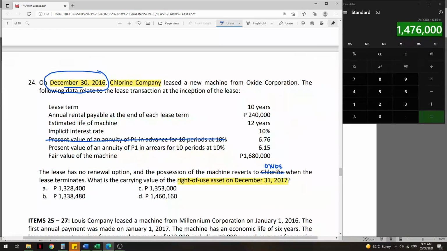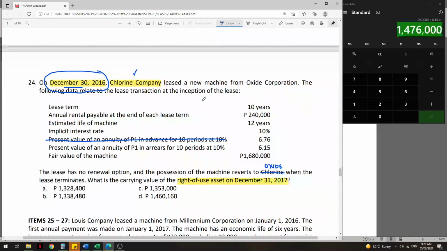The lease has no renewal option and the possession of the machine reverts to oxide when the lease terminates. Do take note that chlorine is our lessee. The owner of the asset is oxide. Meaning, we will return the asset to oxide. It reverts to oxide. It makes no sense if it reverts to chlorine, right? Because chlorine is the one holding the asset now. So, reverts to oxide when the lease terminates.